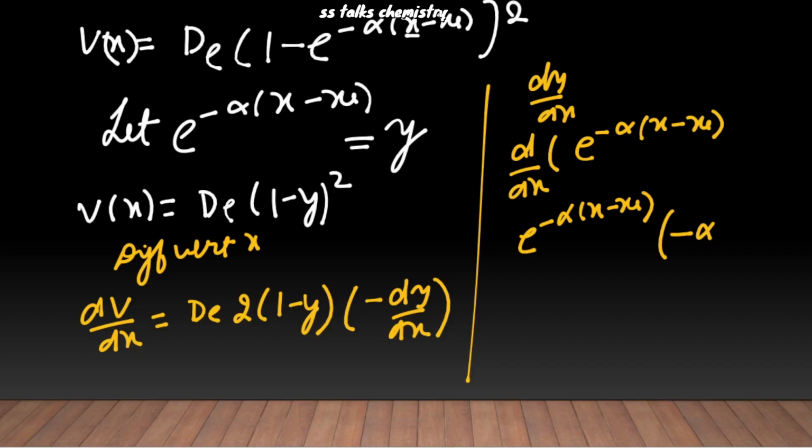So dx by the x will be 1 only, and xe is your constant, with respect to that it will be 0. So this is the value that you are getting, minus of the alpha e raised to the power of minus of alpha x minus of the xe, or it is minus of the alpha times the y value, right?